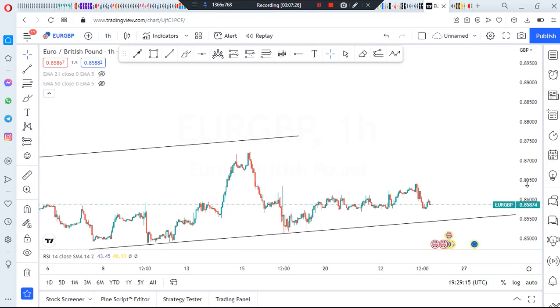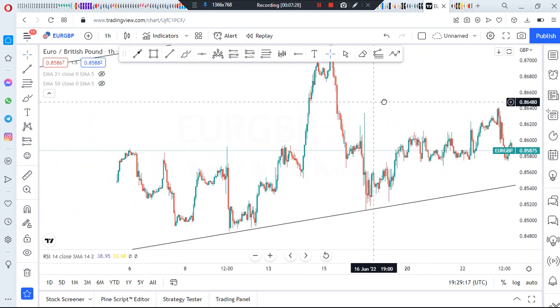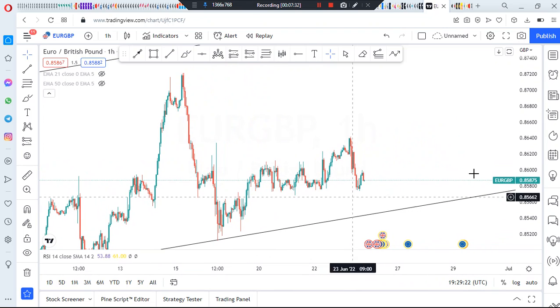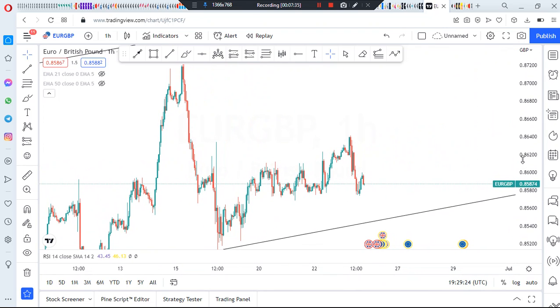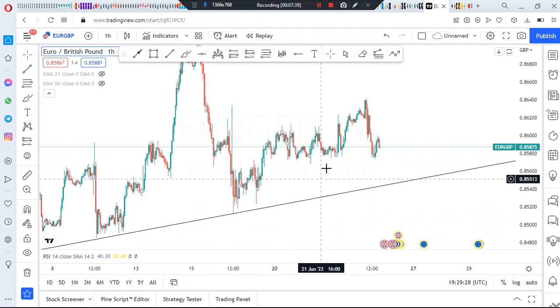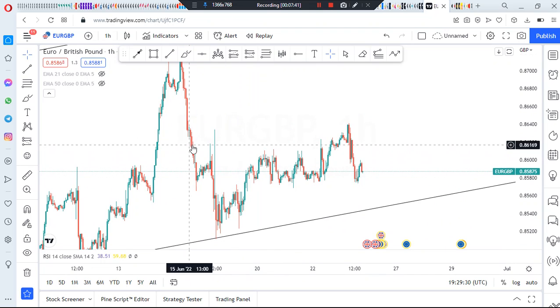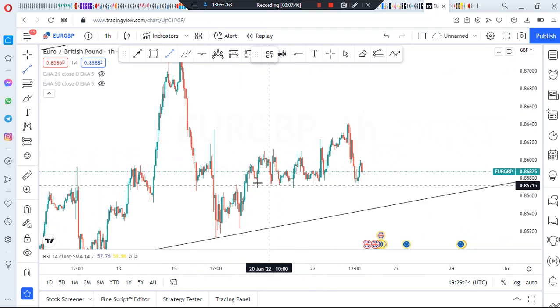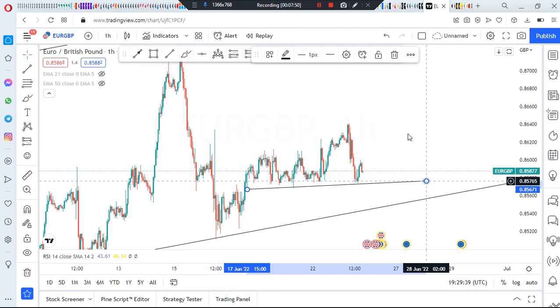Okay, so as you can see on the 1-hour time frame, it's not that clear, but you can actually find one or two things here. If we take a bottom trend line, you can place it around this area.